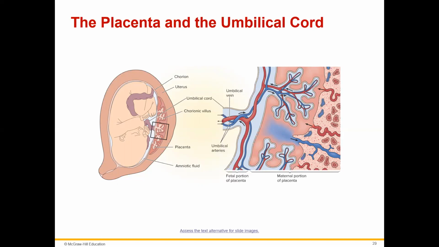So she passes oxygen, water, salt, and nutrients. The developing embryo passes carbon dioxide and digestive waste. So there's an exchange of these elements without any blood being exchanged. So this is what the placenta functions for, to exchange these necessary elements.